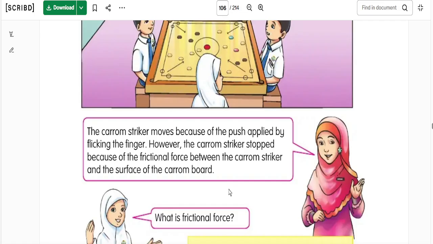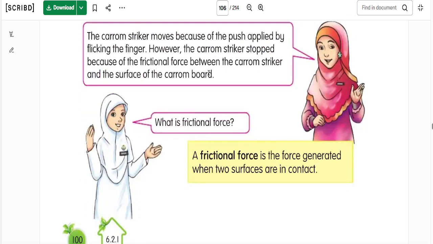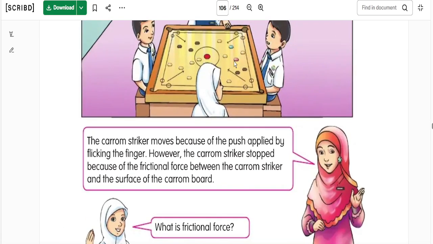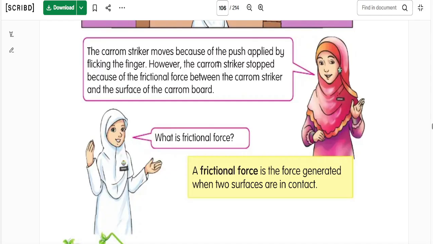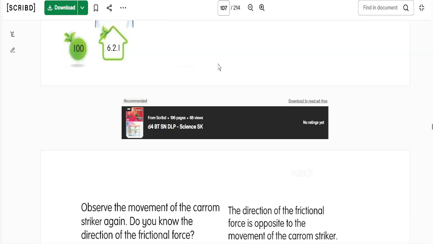Frictional force is a force between the carom striker and the surface of the carom board. Frictional force is generated when two surfaces are in contact. Here, the carom striker is in contact with the carom board. So it is a contact force, applied when two objects or two surfaces are in contact.